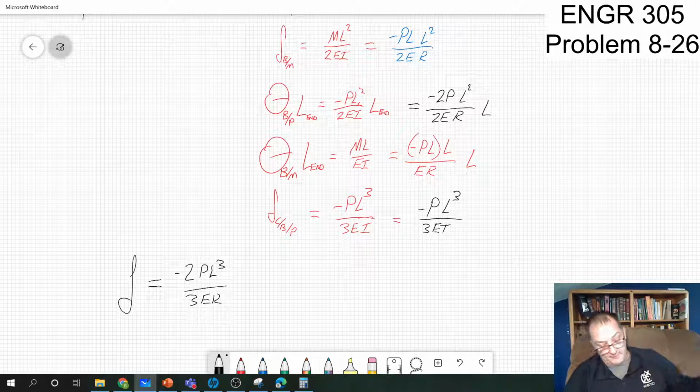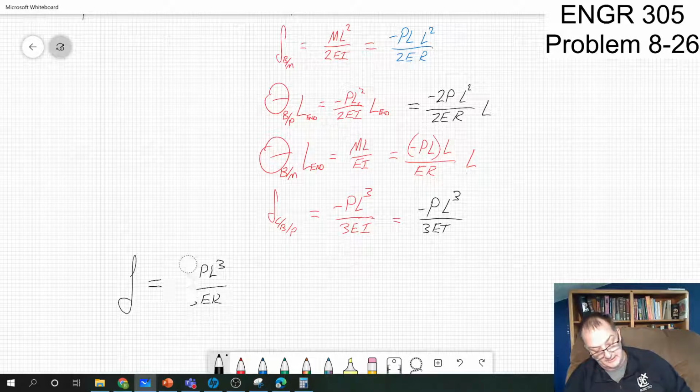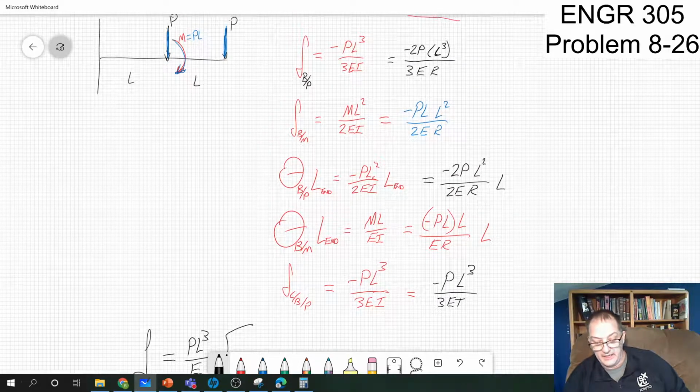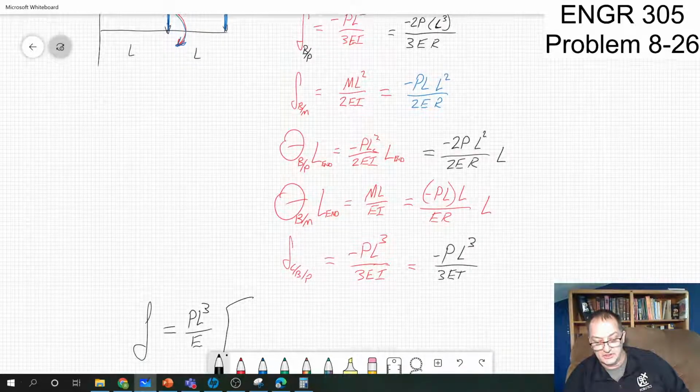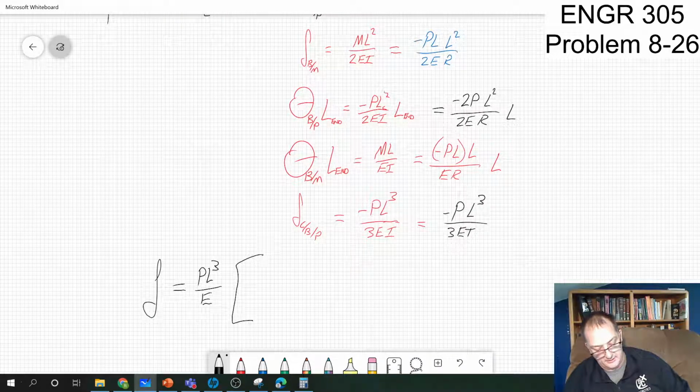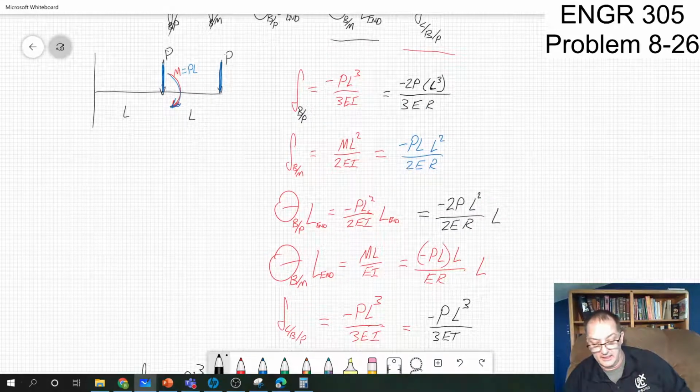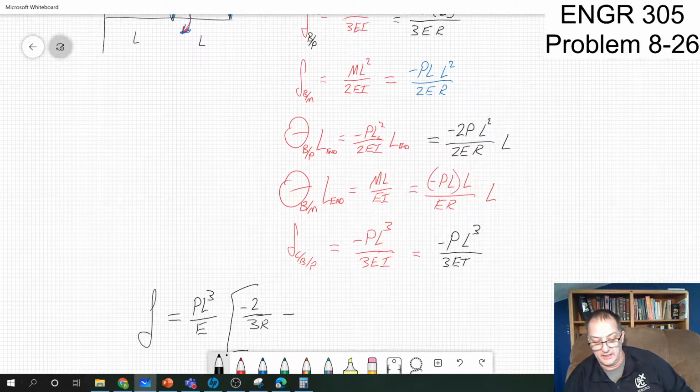I'm going to have a PL cubed over E come out, so I'm going to start collecting that. And so that's minus 2 over 3R. Minus, and then my second term is right here already.